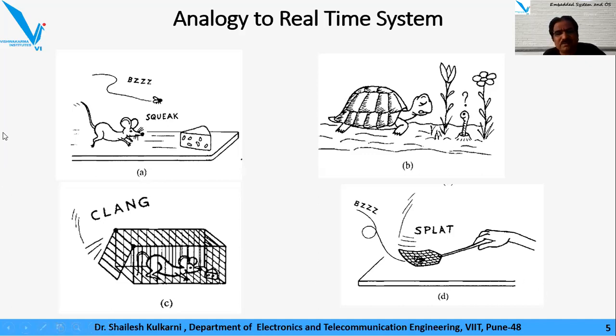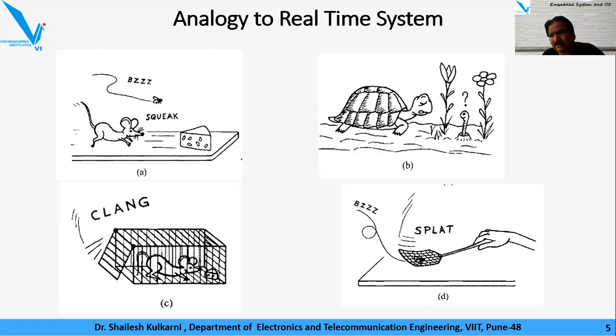Getting it? The first diagram, diagram A, indicates that you need to be very fast and reactive in order to do the operation within a specific time. The second diagram indicates that you have to keep going. It's not that the time deadlines are so urgent, but you have to keep going, so the deadlines are not necessarily very short.